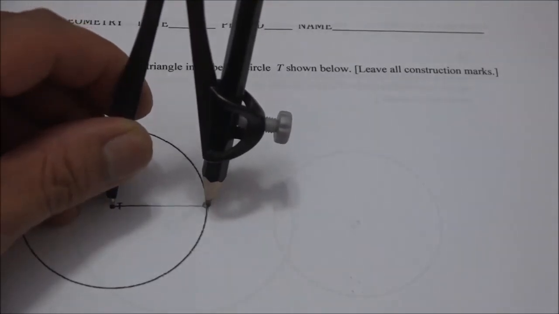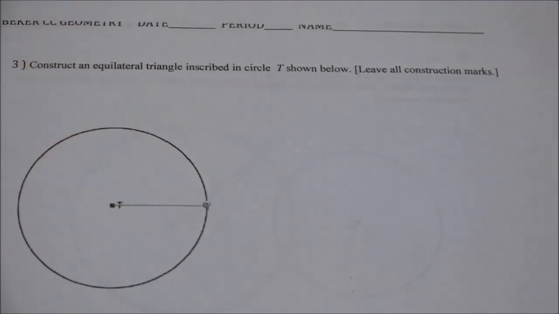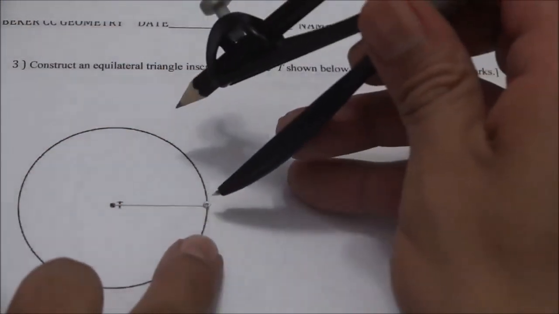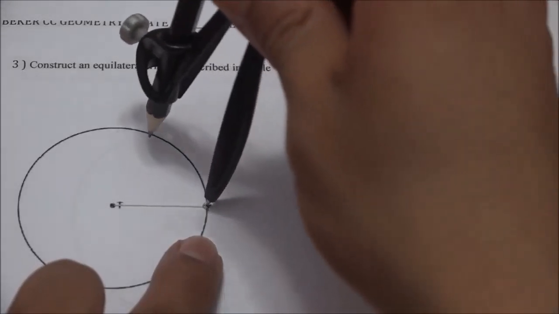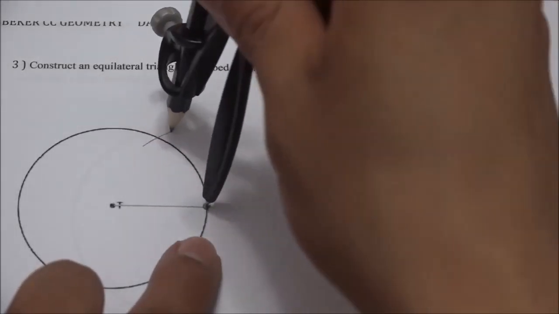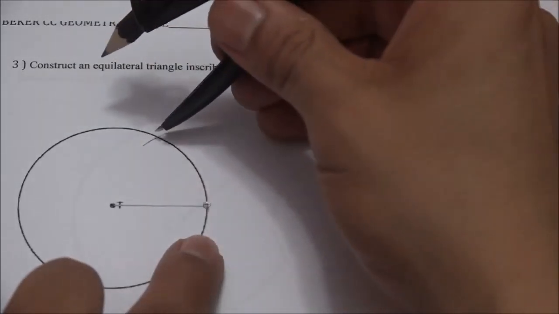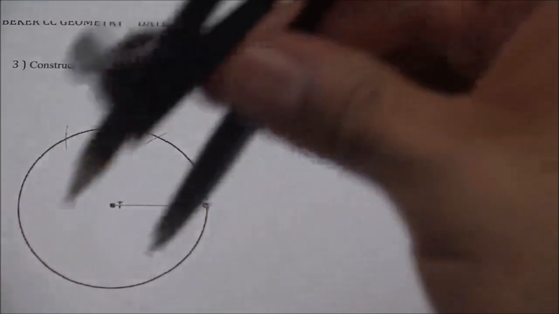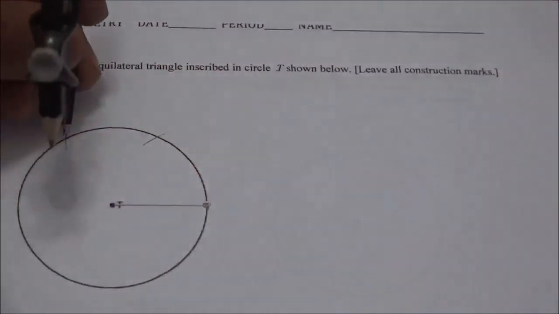Yeah, beautiful. So now that you have this length, you're going to go to your initial mark and follow my lead. Then go to the mark that you made. You go to the mark that you made.